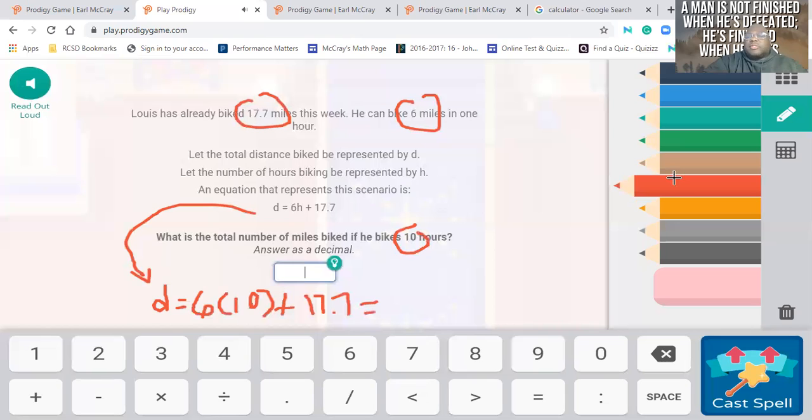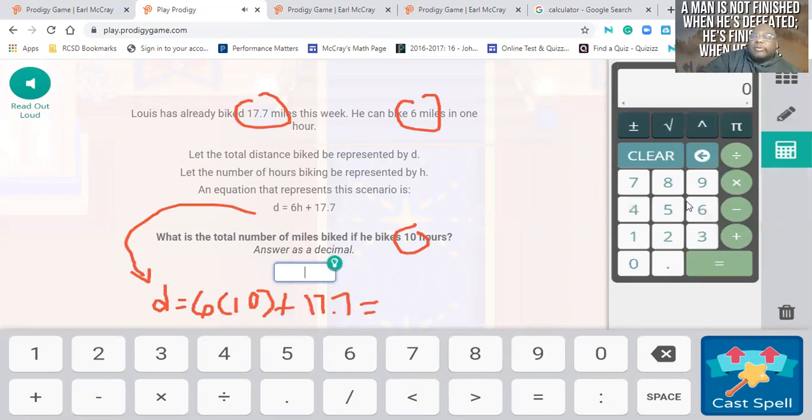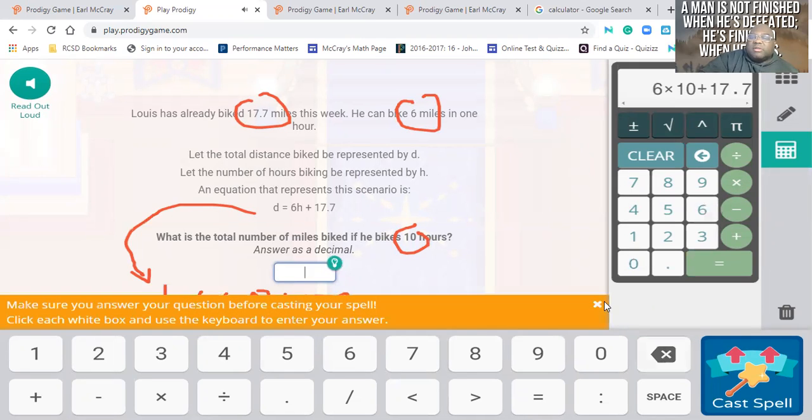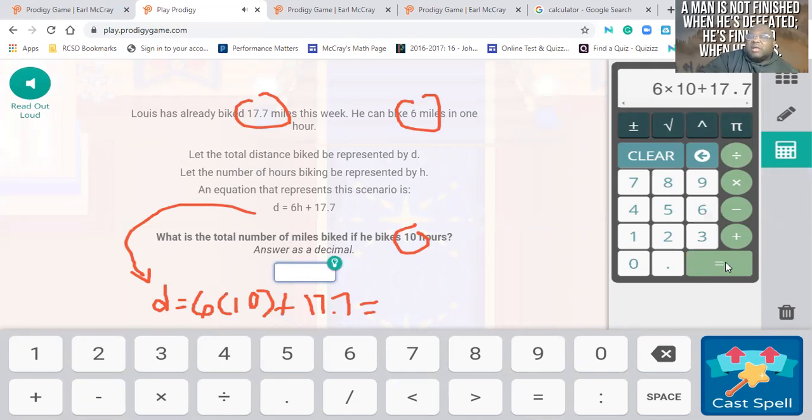So our new distance is going to be what? Open up our tool. Let's just input our data. 6 times 10 plus the 17.7. Enter.